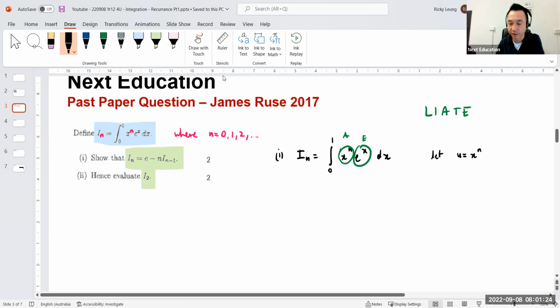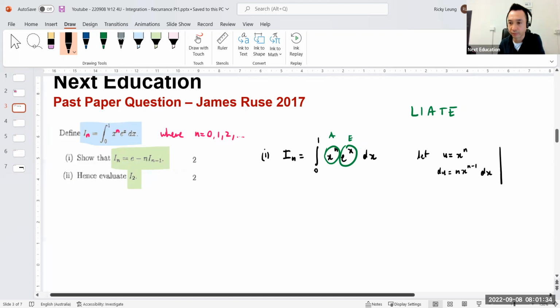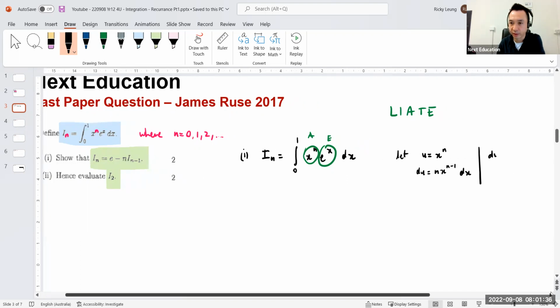Differentiate that, so du equals n x to the power of n minus 1 dx. And then let dv be the other guy. So in this piece here, that is u and that is dv. Then dv would equal e^x dx.